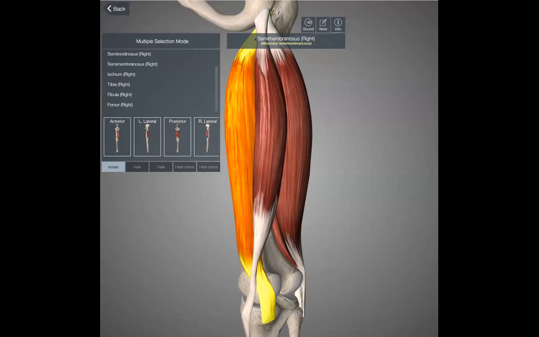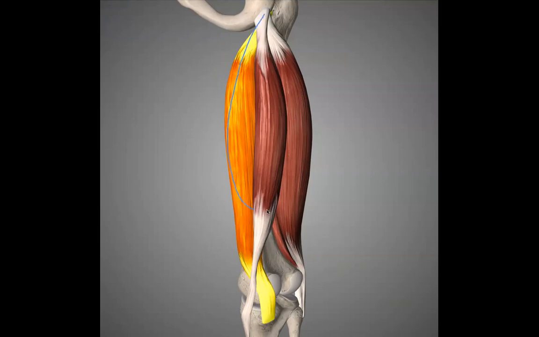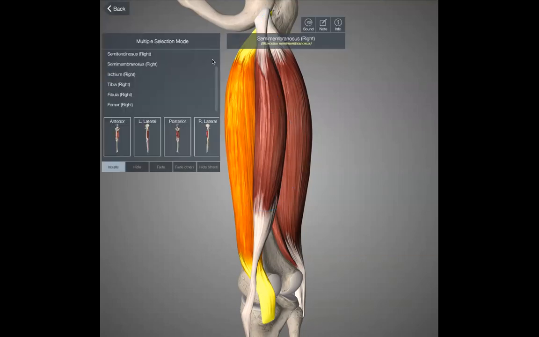The muscles of the posterior compartment of the thigh are together called the hamstrings. In the anterior compartment, some of the muscles are collectively called the quadriceps femoris, in addition to the pectineus and the sartorius.